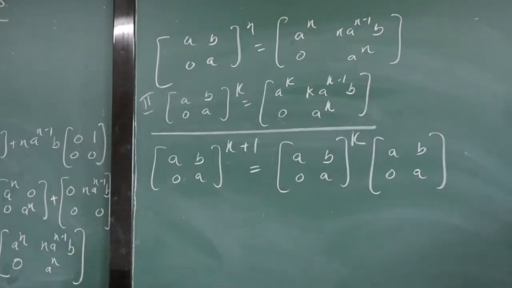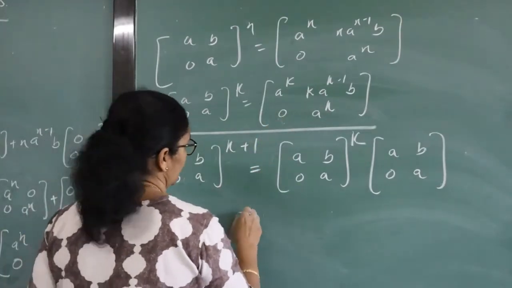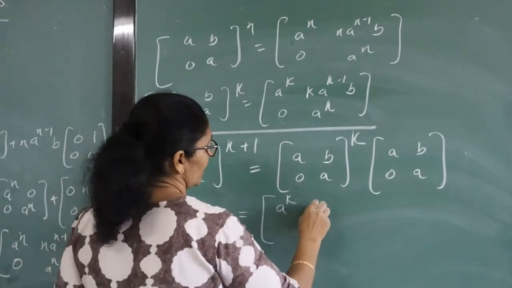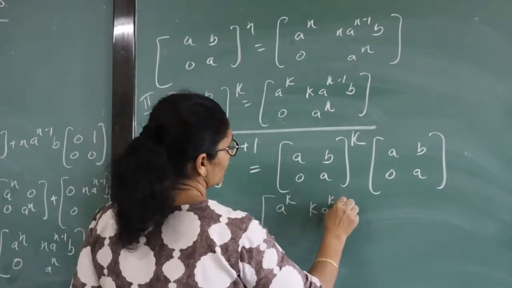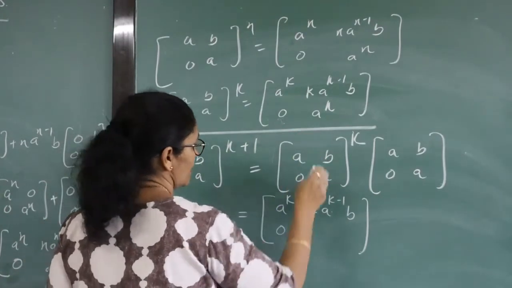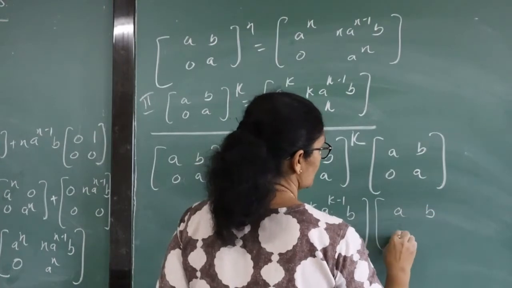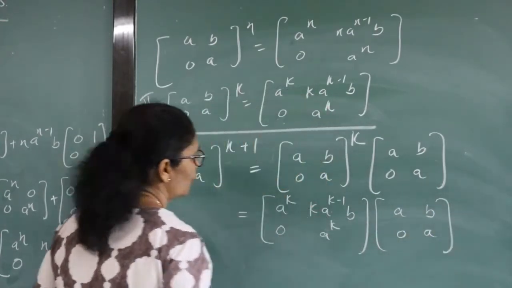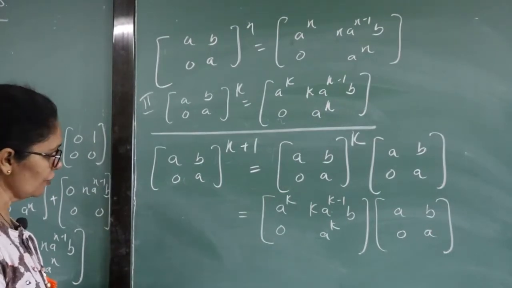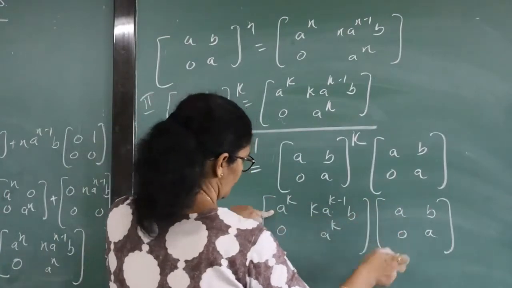So you can write this result directly in place of it. What is our result? [a^k, k a^(k-1) b; 0, a^k] into [a b; 0 a]. Now you all know what to do in the next step: simple matrix multiplication. I think we have discussed it in most questions: first row, first column.